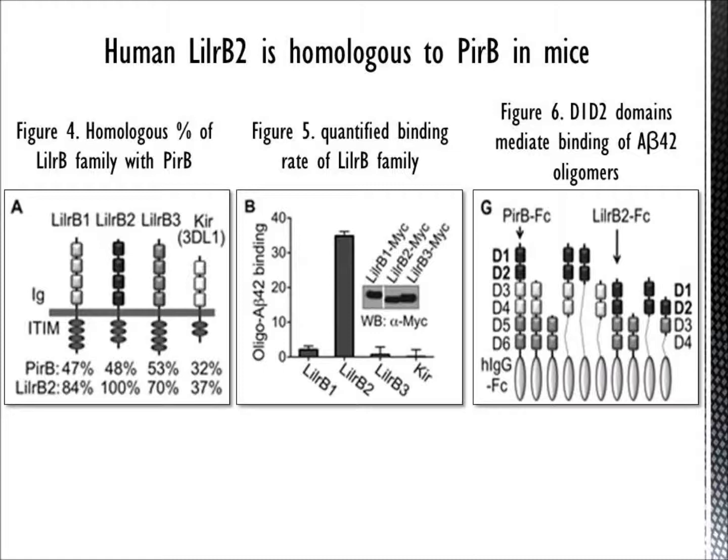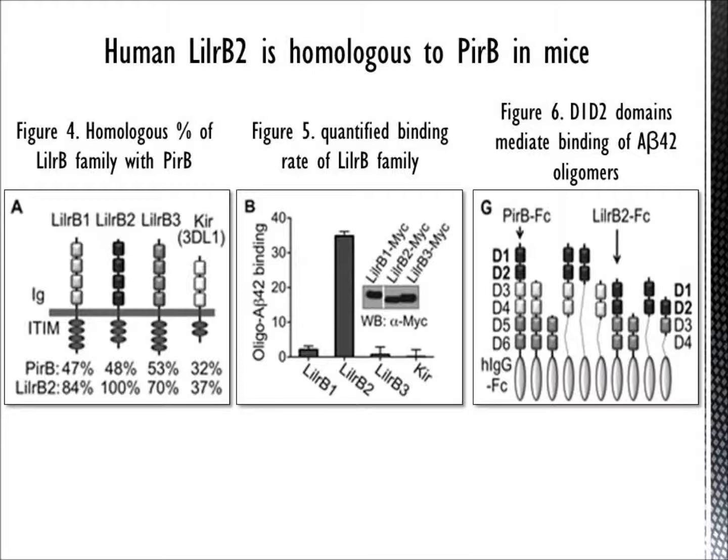Figure 4 looks at the amino acid sequence homologies of PIRB to leukocyte B for preliminary comparison. Leukocyte B1, B2, and B3 were 47, 48, and 53% respectively similar to the PIRB amino acid sequence.